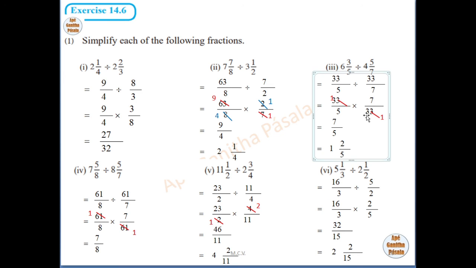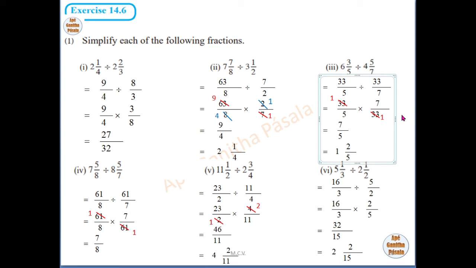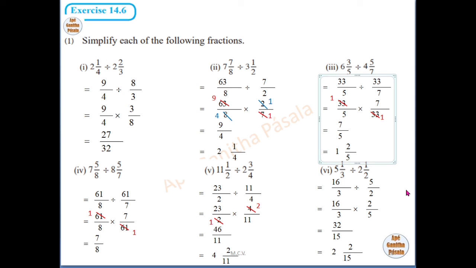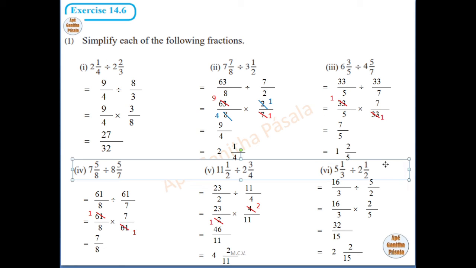Divide. 33 divided by 33, 1. Here also 1. 7 and 5 not divisible. Now simplify. 1 into 7, 7. 5 into 1, 5. 7 over 5. Improper. Then convert into a mixed number.